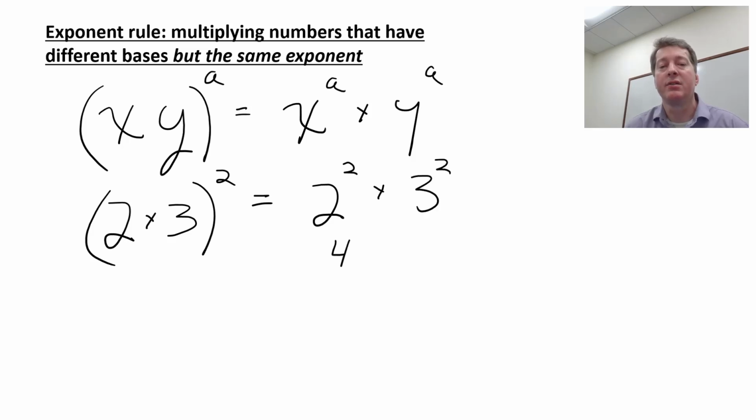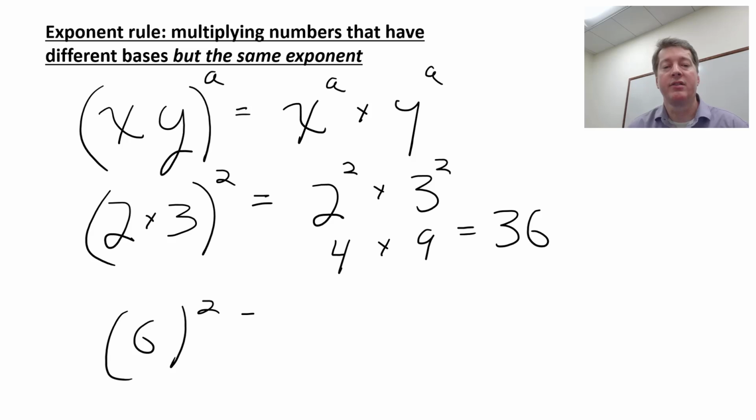That is the same thing as 4 times 9. That is 36. And one thing I'll point out, 2 times 3 squared is the same as 6 squared, and 6 squared is equal to 36. So that all matches up.